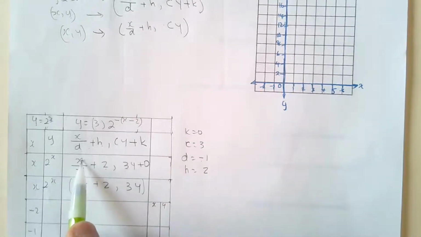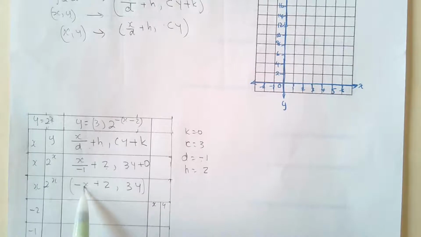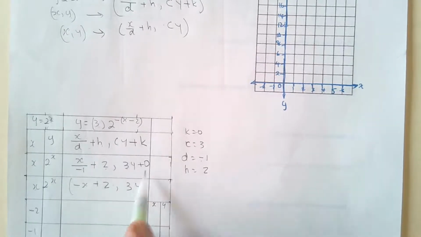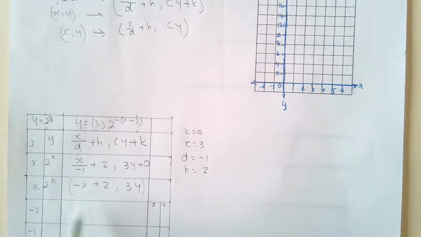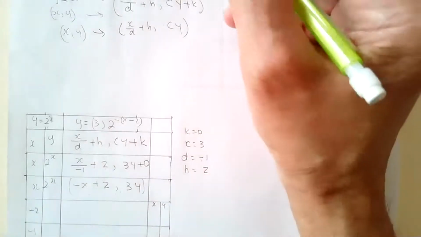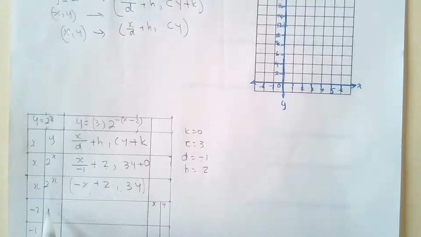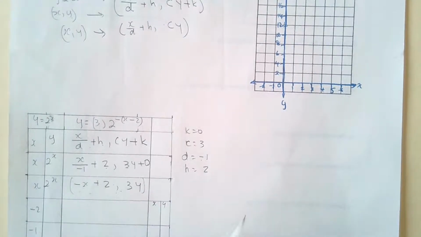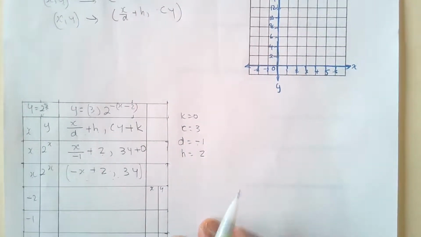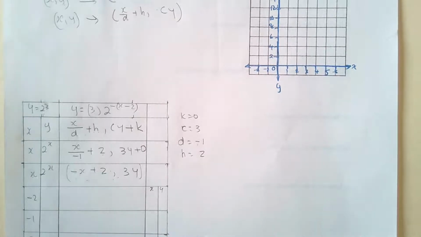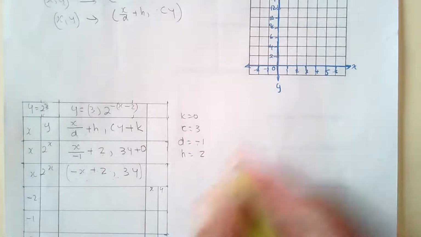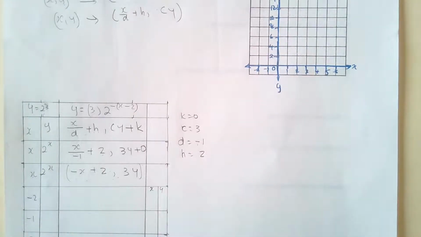Simplify this, we have x over -1, which gives negative x plus 2, and it's 3y. So this will give us our x and y coordinates for our transformed function. But first, let's find our y coordinates for y equals 2 to the x. Then we'll sketch, and then we'll look at our transformed graph.